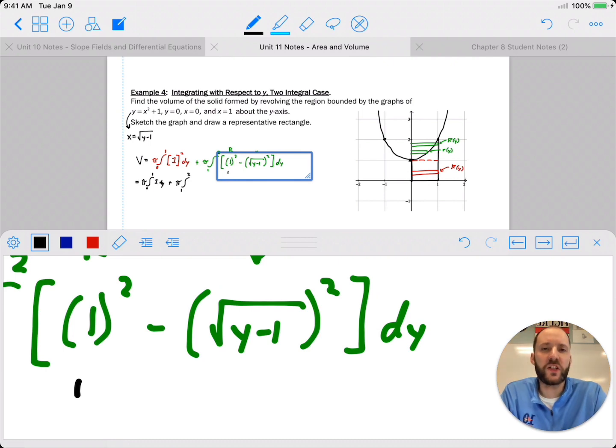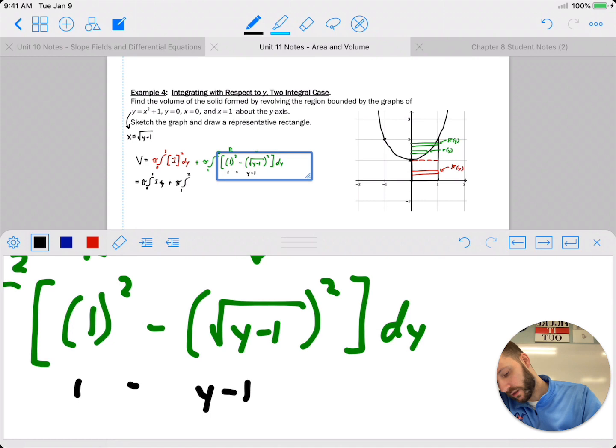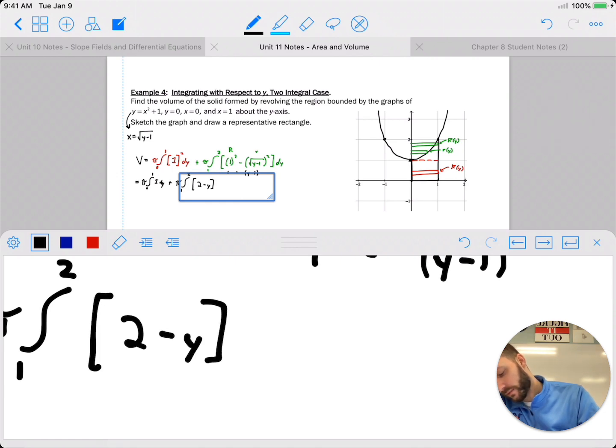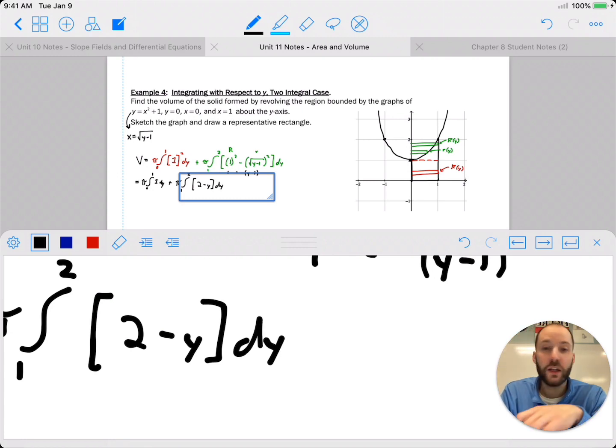Root y minus 1 squared is y minus 1. Going to be subtracting all that, so a negative y plus 2. So 2 minus y dy. And then you can solve that from there. Check your work with my complete notes online.